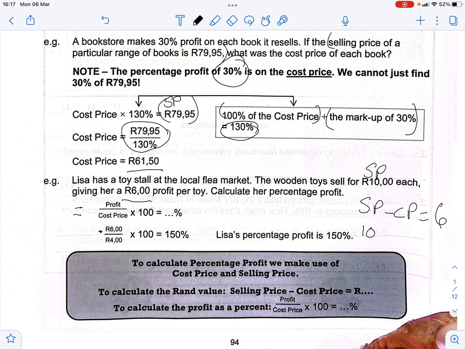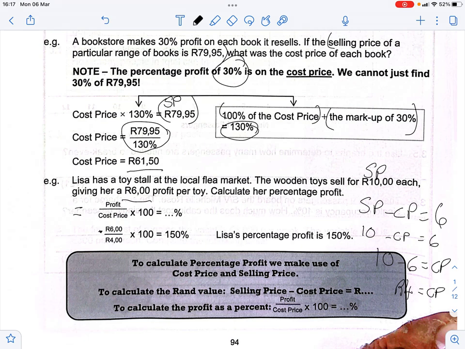We know our selling price is 10 Rand minus the cost price equals 6 Rand. To get cost price by itself and positive, we can take that across to the right hand side. So therefore 10 minus 6 is equal to our cost price, leaving our cost price at 4 Rand.